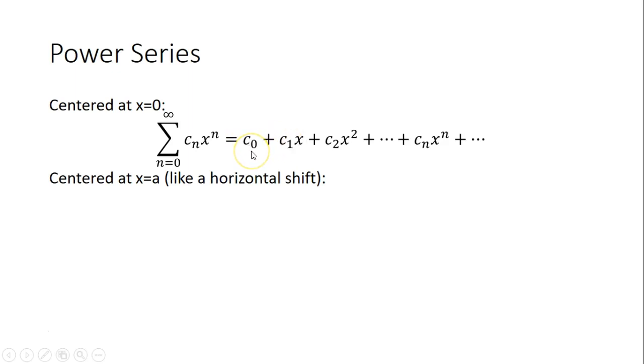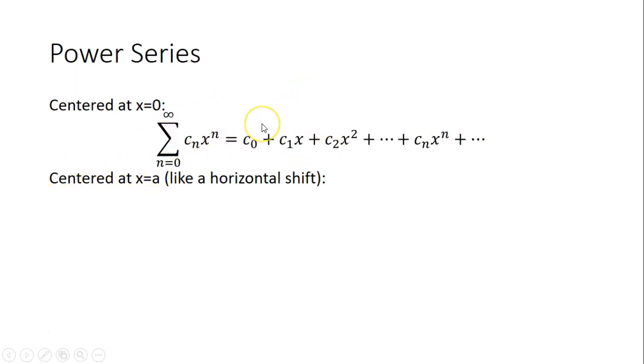Because C0 would be my first term, and then it would still be my first term times x, then still my first term times x squared, and x would be my r, right? But C could be whatever you want. It could be an alternating series. It could be something like e to the n. These C's could be any numbers, right? All we're really saying here is that we have some kind of coefficients in front of x's that are increasing in power. That's what's going on here.